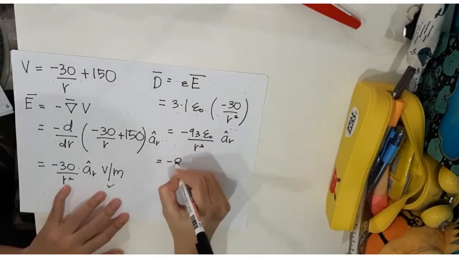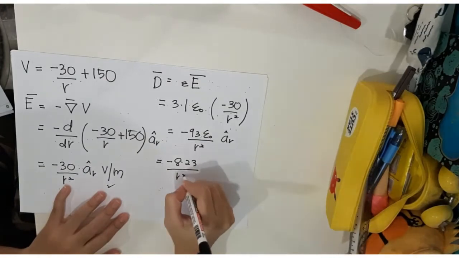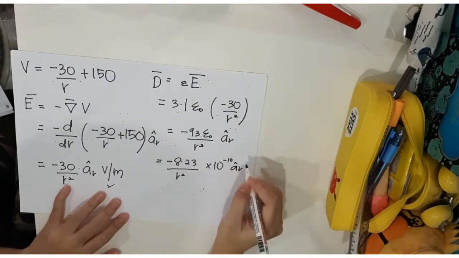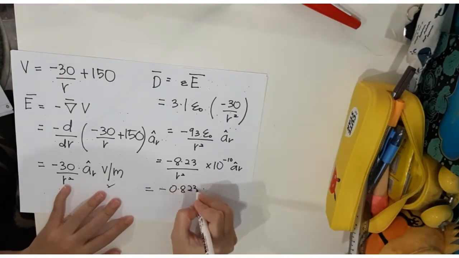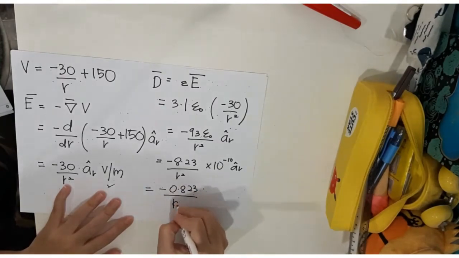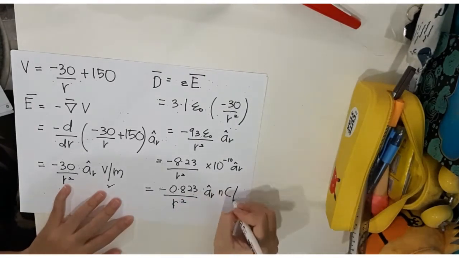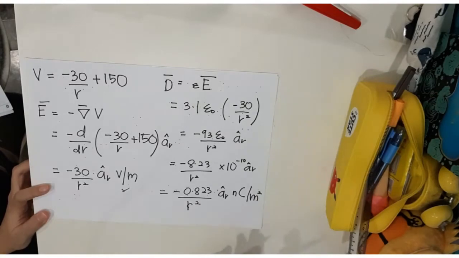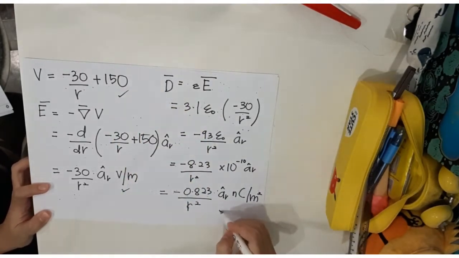We will get 8.23 over R squared times 10 to the negative 10. I want this answer to be in nano, so I will get 0.823 over R squared aR nano coulomb per meter squared. Now we have solved the first question. The first question wants us to find V, E and D. So we found V, we found E, and this is D.